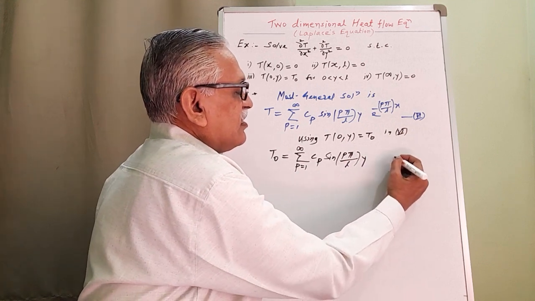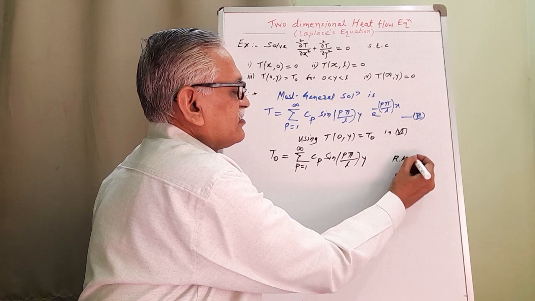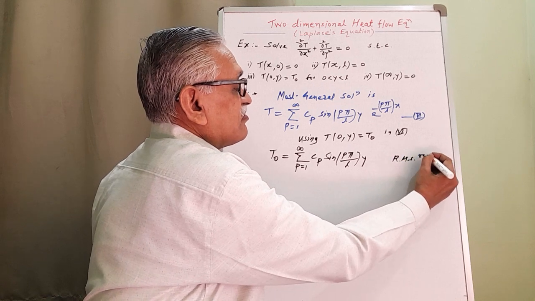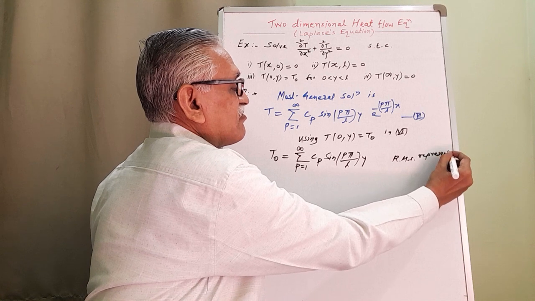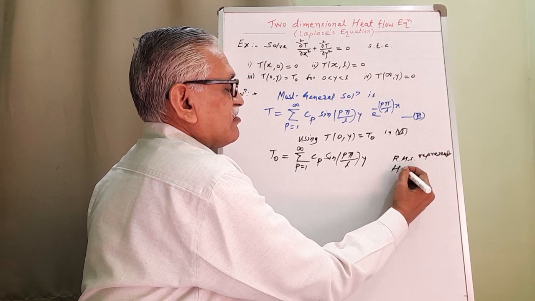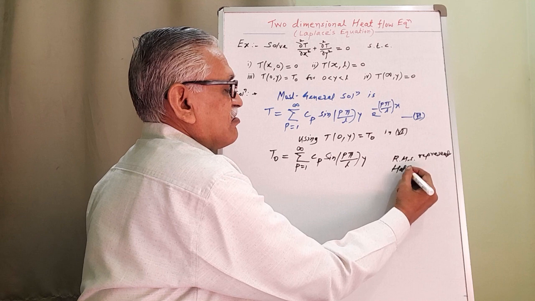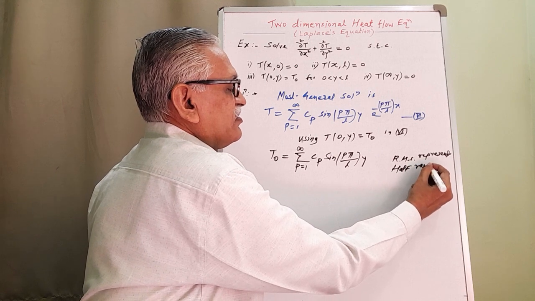RHS represents a half range sine series.